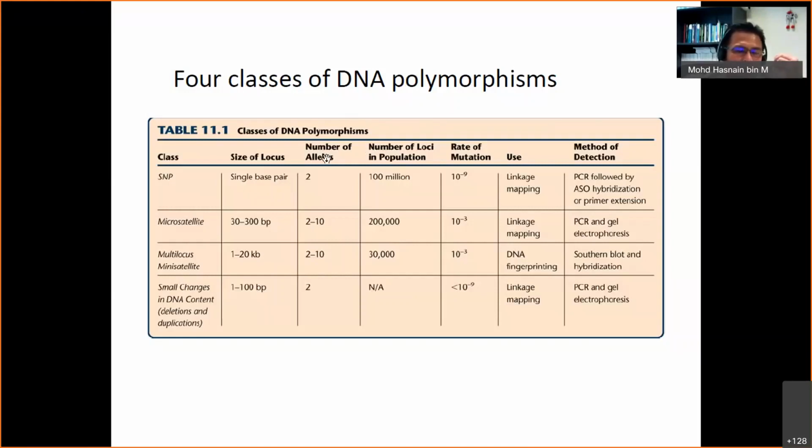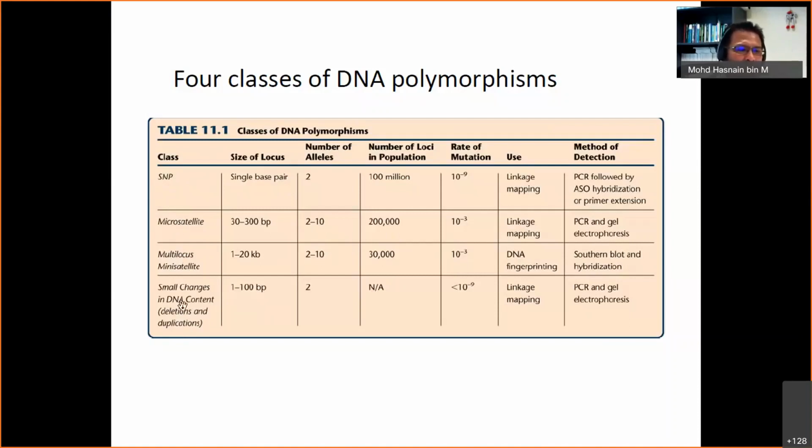Changes can be big or small. When the difference between individuals is very small, you can have SNP, single nucleotide polymorphism. Slightly bigger, you go to microsatellite, minisatellite, and then DNA segments.